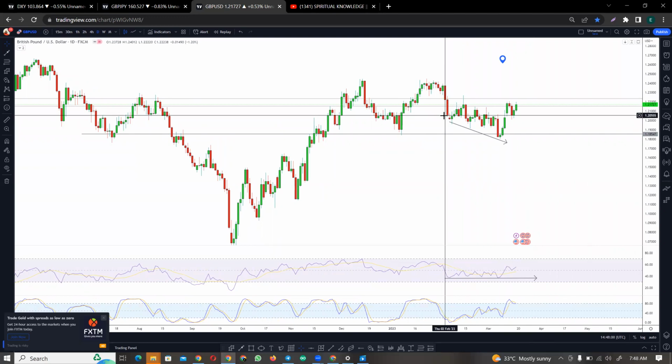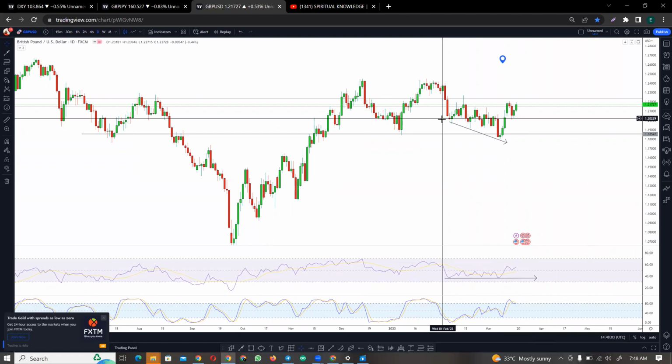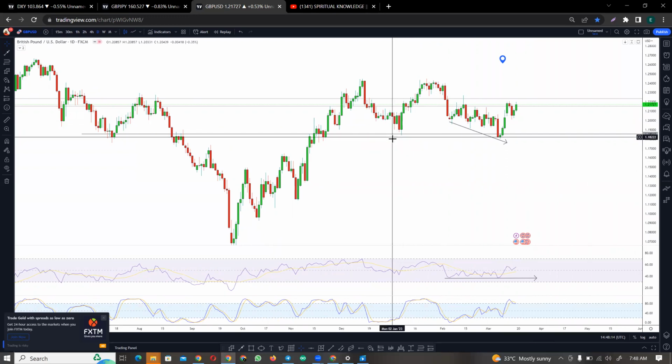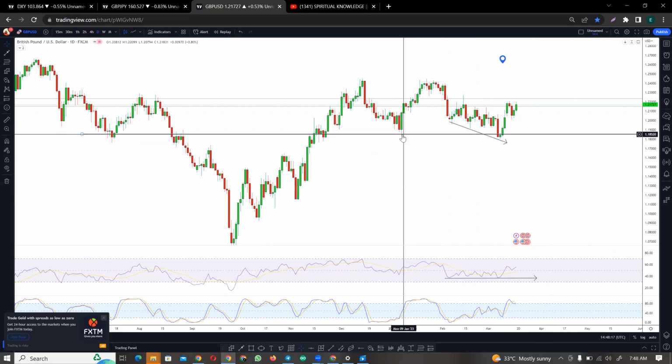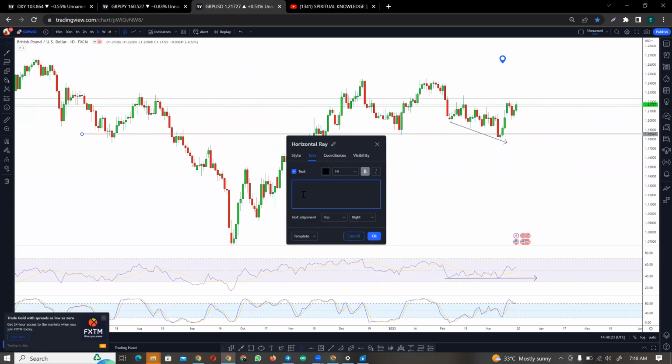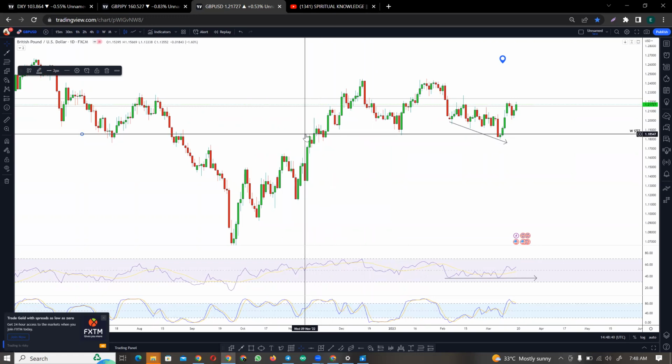Do we have any zone? Yes, I think we have a zone there. I don't think it's necessary for us to fill up our chart with a lot of nonsense. But this place is a zone. Let me mark a weekly support zone.